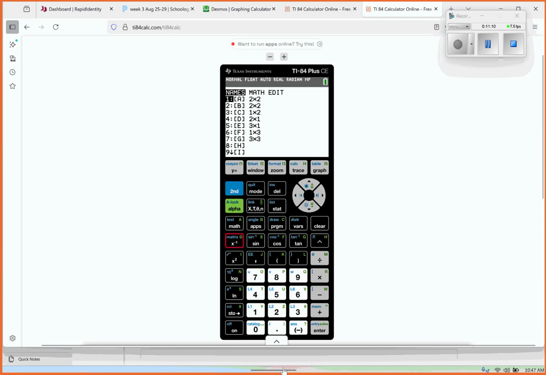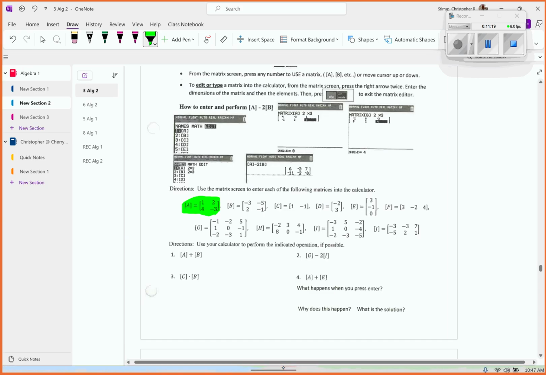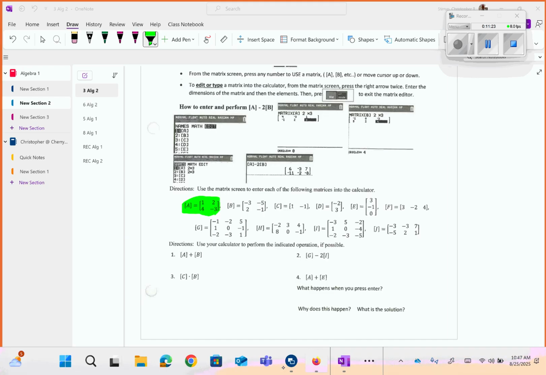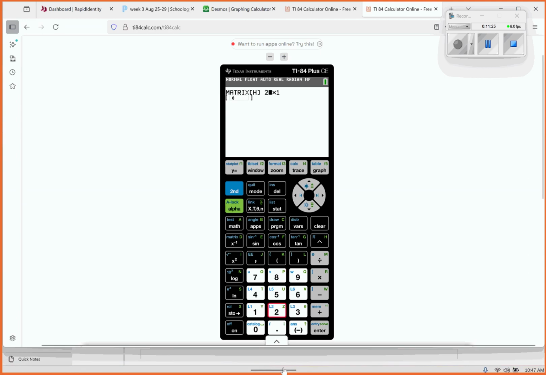Back to second matrix. We're going down to H. So H on mine is a 2 by 3. What is it reading across? What is letter H?